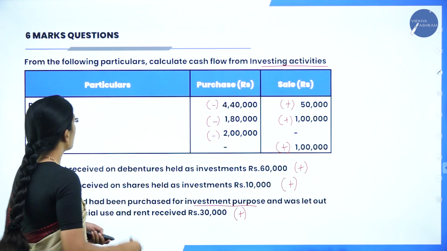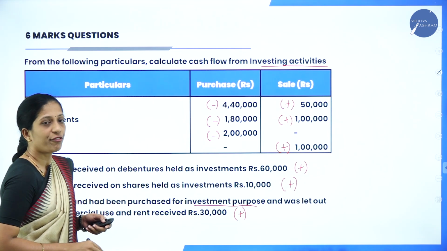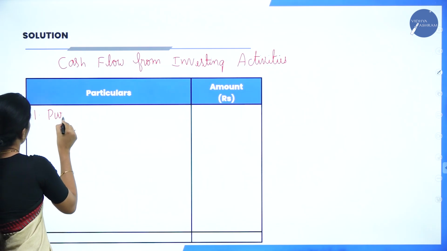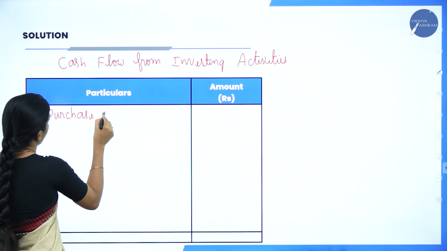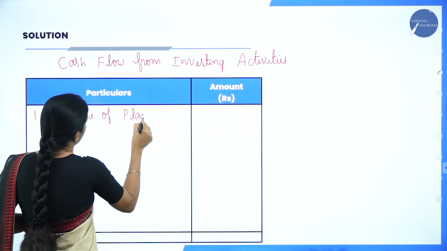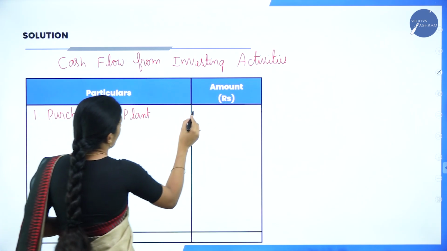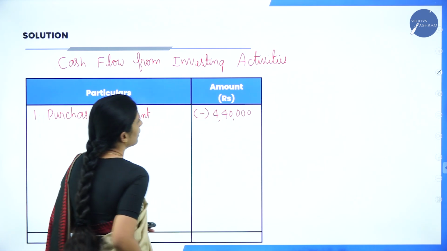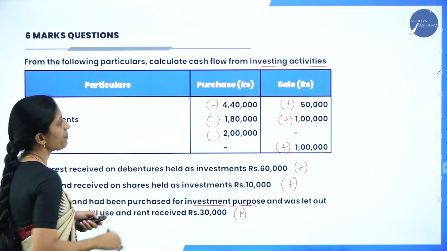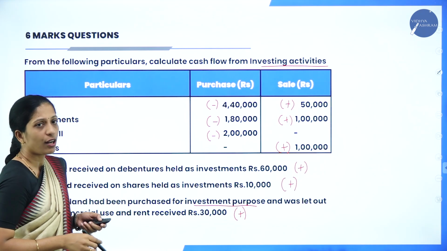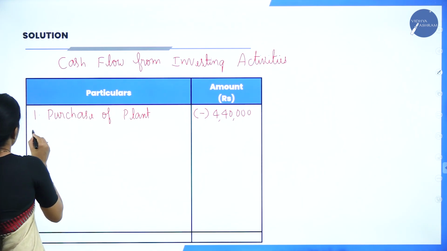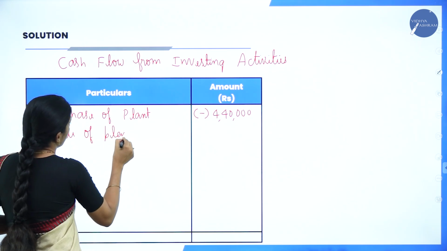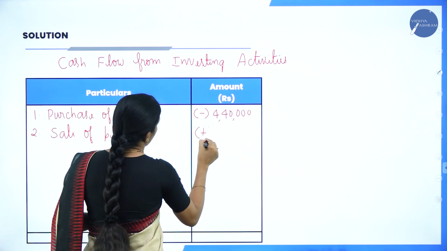Yes, so we will start with purchase of plant, that is minus 4,40,000. Next is proceeds from sale of plant, plus 50,000.